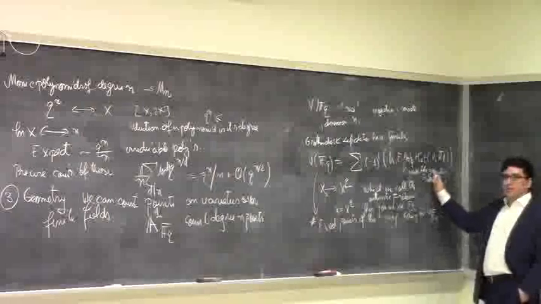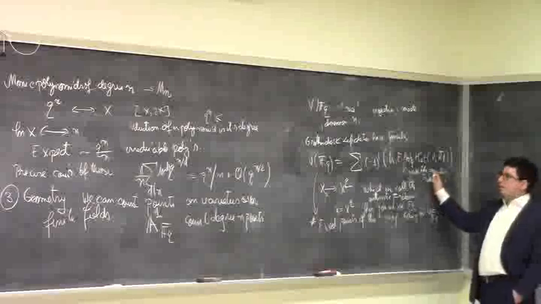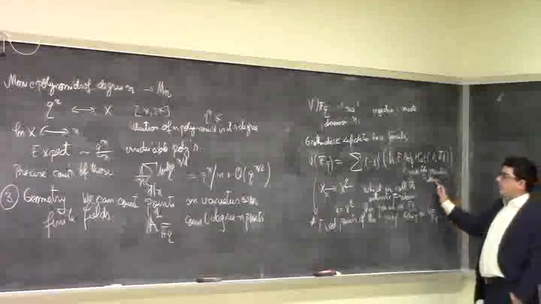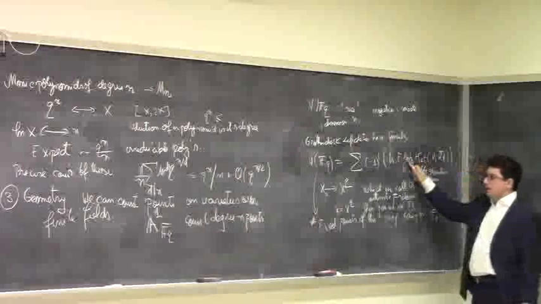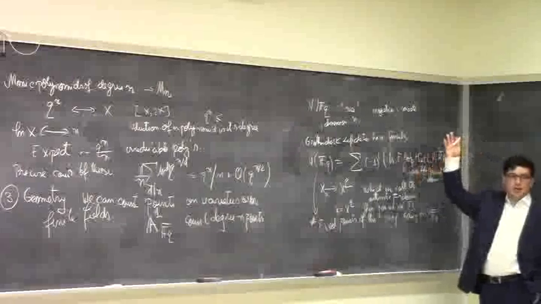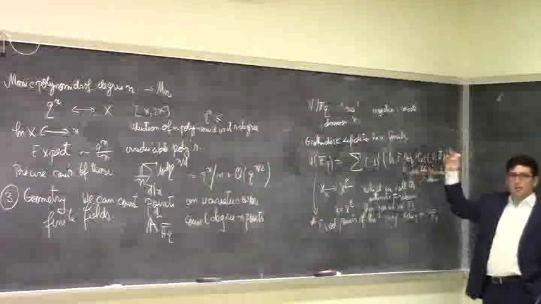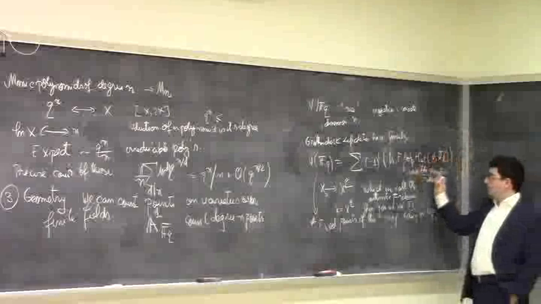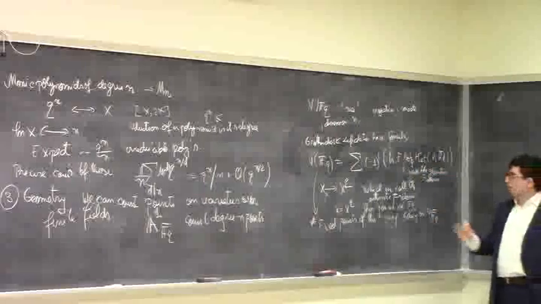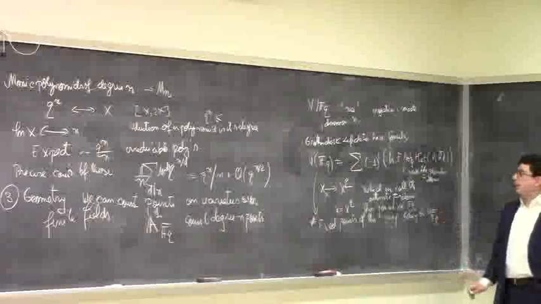I would rather take this one. The reason to be careful is that if you use one, you'll get weights which look like q to the i, and the other one will give you q to the minus i. So you want to get the weights in the correct order. The geometric Frobenius is the one which gives you the correct weights.